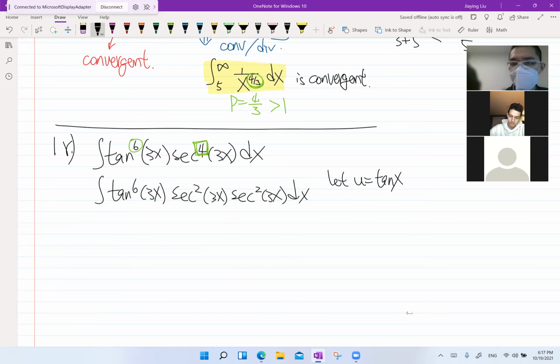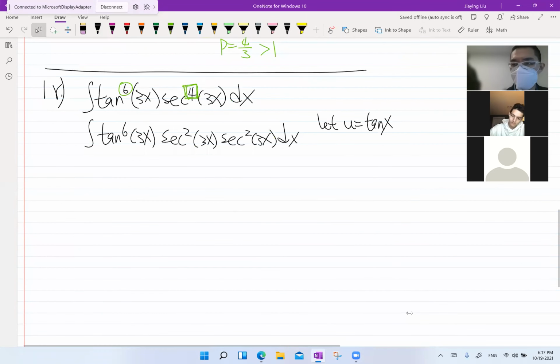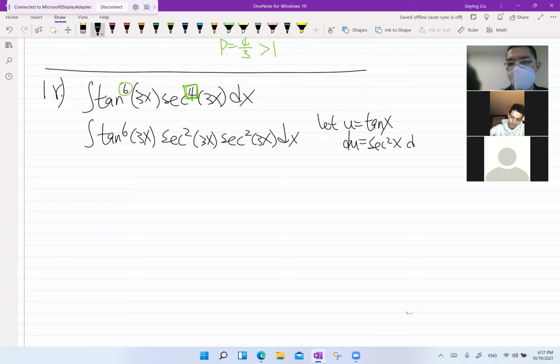tangent x. If I set u equals tangent, then immediately you can take the derivative, so du equals secant squared x dx. But I'm not doing it correctly, right? Because if I see tangent x, it's not going to help me here. So I'm going to erase this. Instead, I'm going to say u equals tangent 3x, because that's what I have.